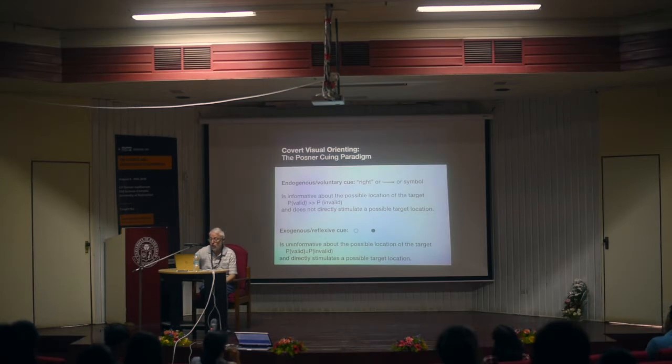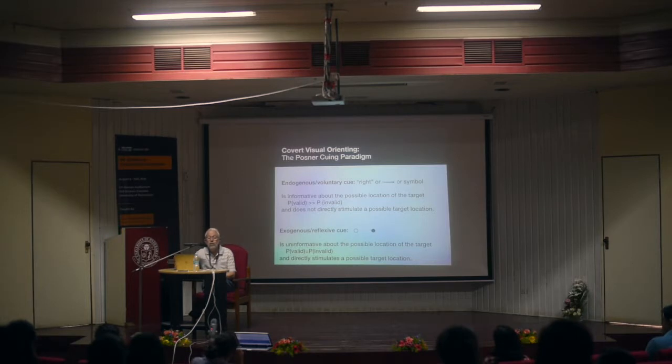So just to summarize, if you're interested in pure orienting of the endogenous form, there should be a cue that tells the participant where they should attend. It could be because of the probabilities, but there are other ways to encourage the participant to use the cue to voluntarily attend. You could give payoffs that were different for the attended or unattended location.